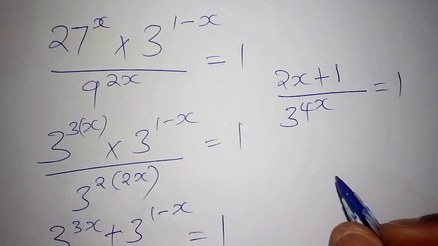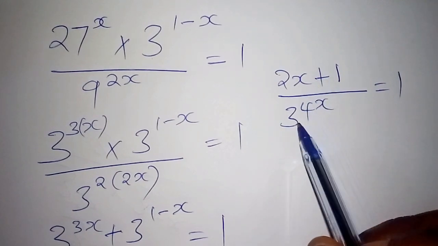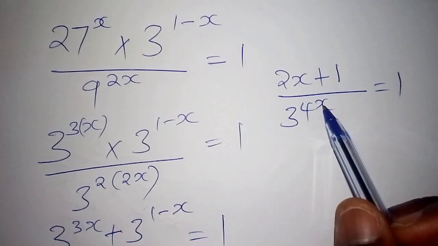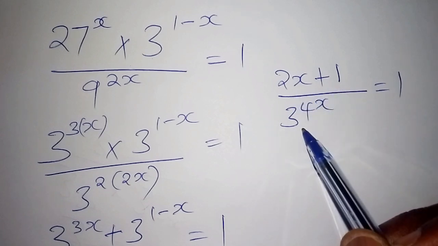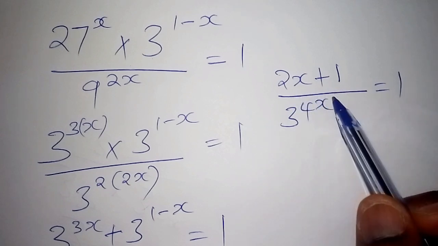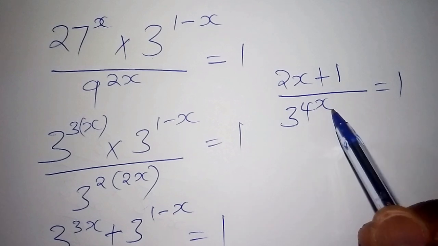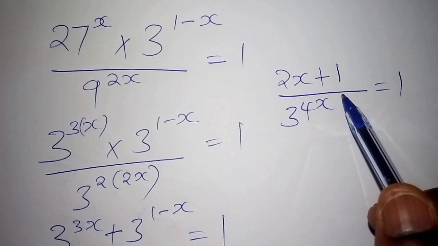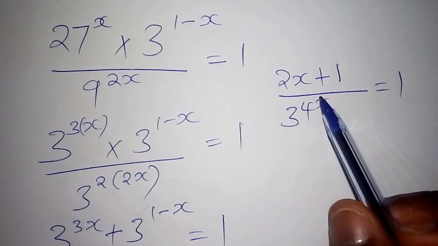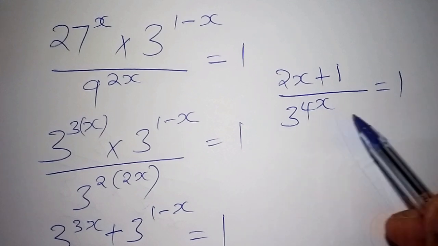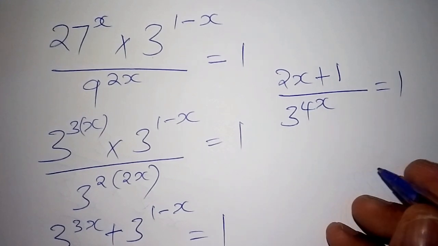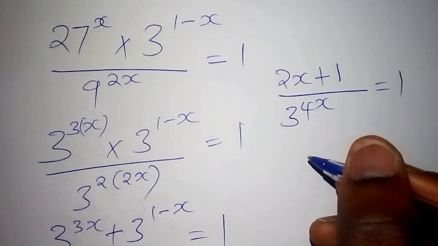So what is the next thing? The next thing we are going to do is change 3 to the power of 4x, meaning that this one is the division sign. The second law of exponents says that whenever we have division, we write it with a negative, meaning we subtract.